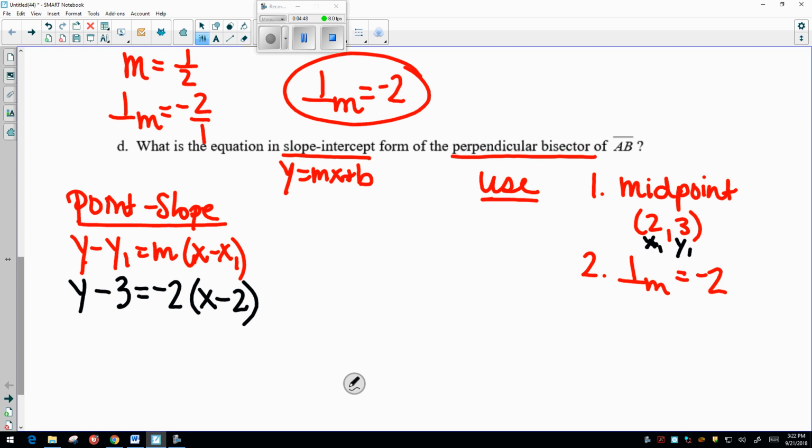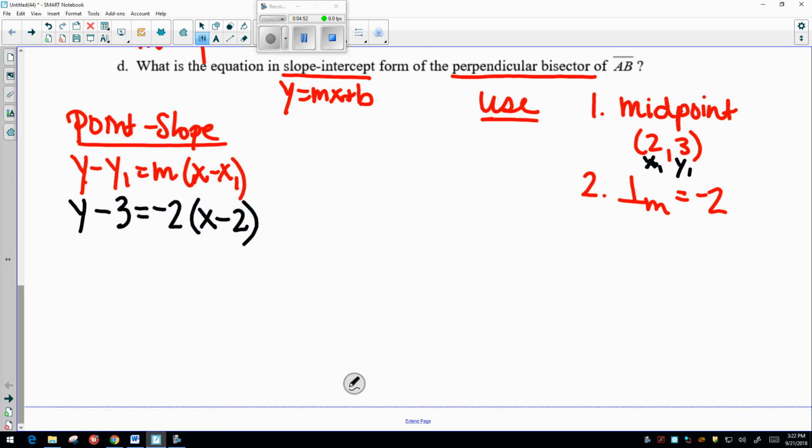Now, if we stop here, our equation is in point-slope form, but that's not what the question wanted. The question wants it in slope-intercept form. So we have to distribute through. We now have y minus 3 equals -2x, and -2 times -2 is a positive 4.